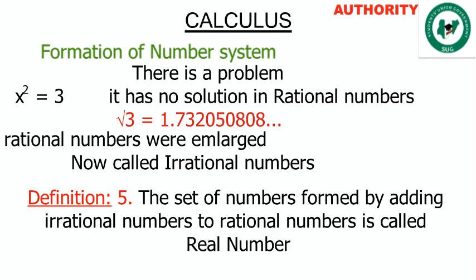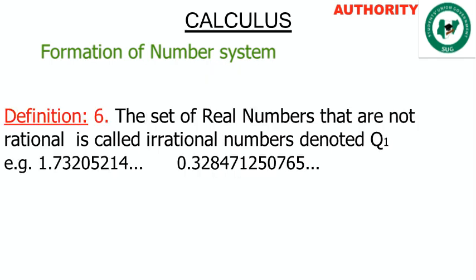Okay? Are you getting what I'm saying? Good. Now let's go. What is an irrational number? The definition: the set of real numbers that are not rational is called irrational numbers.